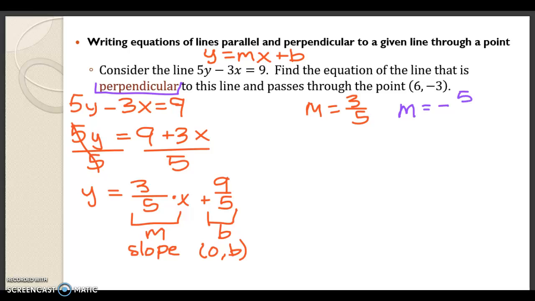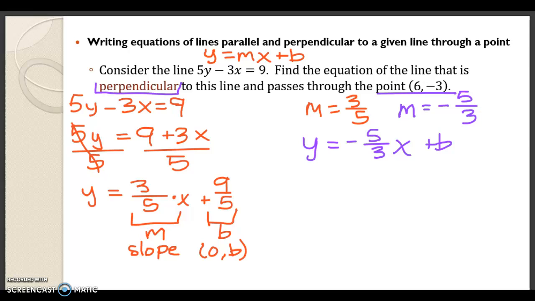And then it's going to be the reciprocal of that. So the line that's perpendicular is y equals negative 3/5 x plus b. We don't know what b is, but that's what this point right here does. That point tells us how to find b.